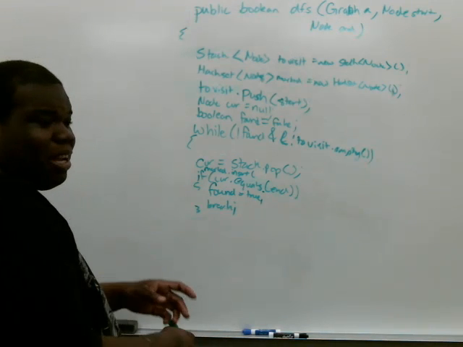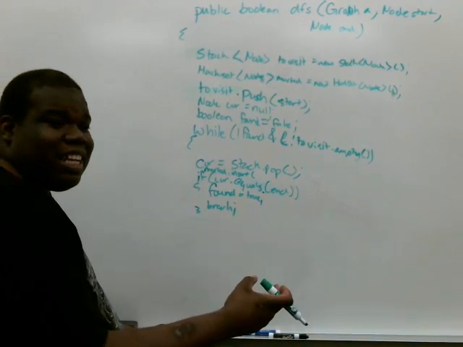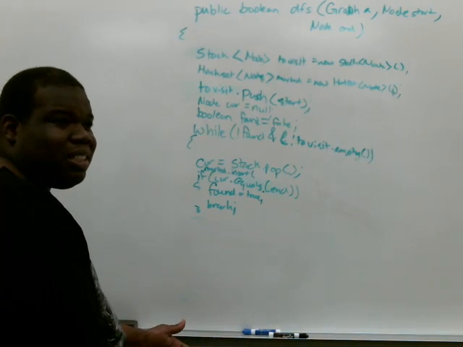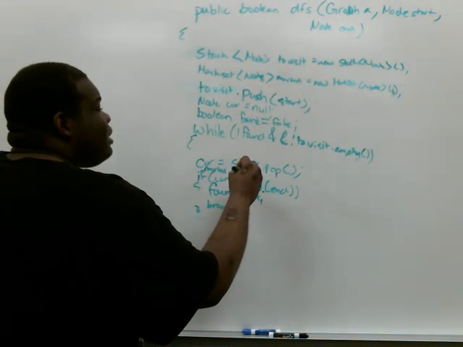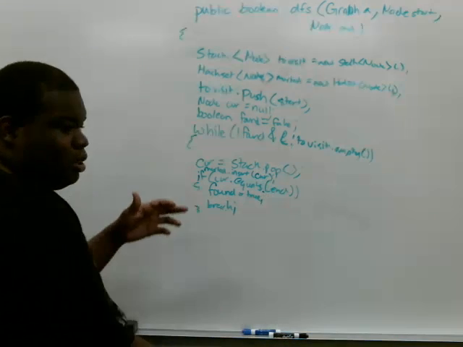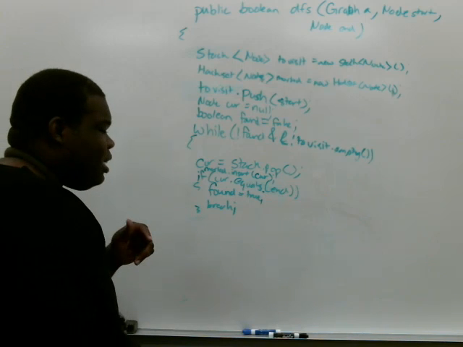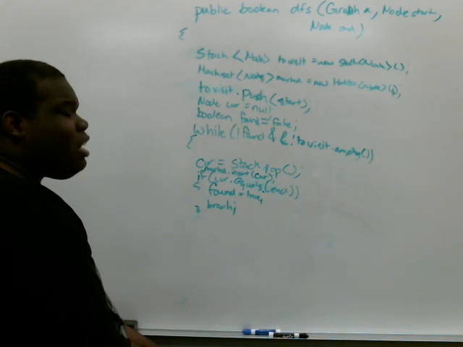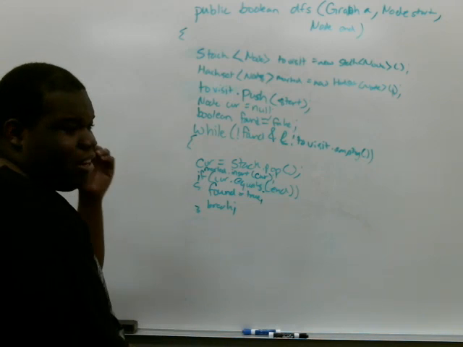So a property of a hash set is once you insert it, it's in the set. If you insert it multiple times, it'll only be in there once. Okay. Just a side note. So we need to insert cur into our hash set, which means that now we're marking it as visited. So now we're at this node, we're marking it as visited. We then check if it's our destination. If it's our destination, we say found is true, and then we break out of the loop.